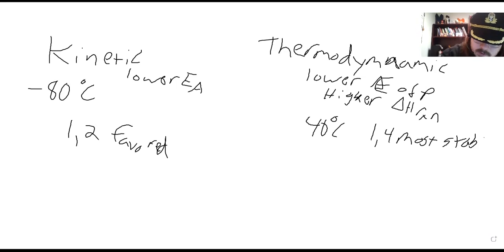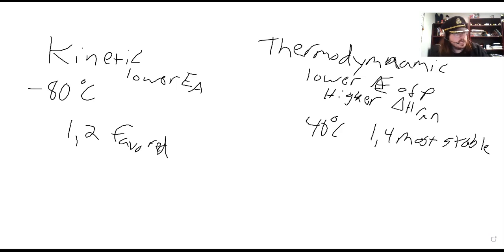Remember, why is that the most stable? Because internal alkenes are more stable than external alkenes, so you can rearrange to form an internal alkene. But why is there a lower activation barrier for the kinetic? Because our allylic cation is more stable as an intermediate, though it leads to a higher energy product.